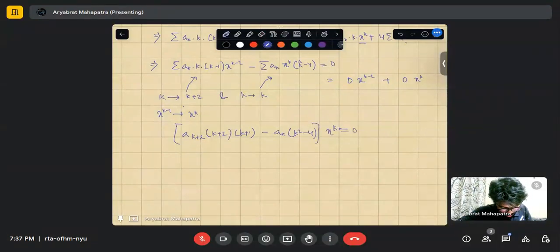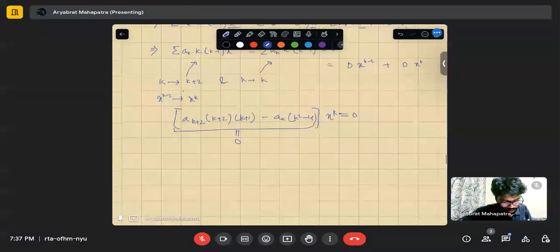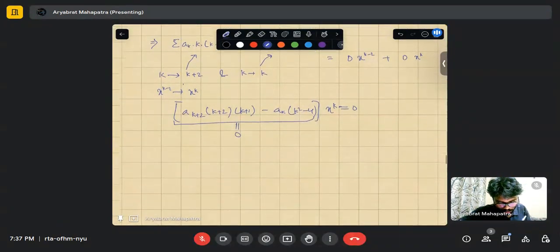That means this entire thing is 0, because x^k cannot be 0, so this factor has to be 0. When you solve for this factor, you will get a_(k+2) equals (k² minus 4) by (k+2)(k+1) times a_k, that is (k minus 2) by (k plus 1) a_k.